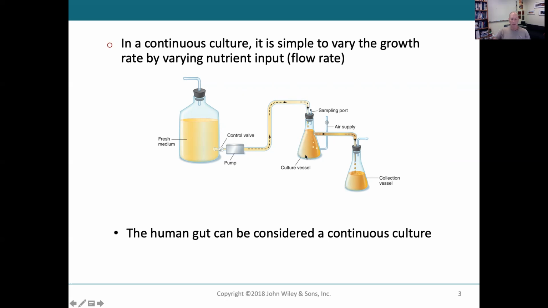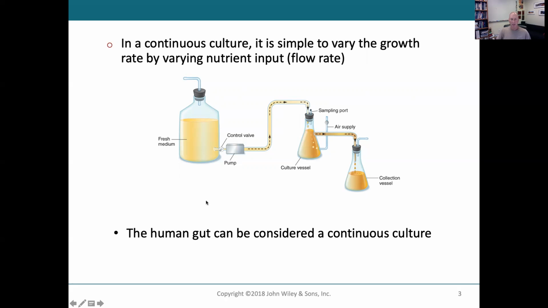Because they grow up to their maximum amount, essentially sort of a pseudo-stationary phase, or a steady state is a better way of putting it. And then that steady state, the growth rate in that steady state is determined by the influx of new nutrients. So you can force them to grow slowly, you can make them grow fast. Ultimately, they reach their maximum growth rate, and if you try and get them to grow faster than that, then they start washing out, okay, because they can't keep up with the flux of new nutrients.